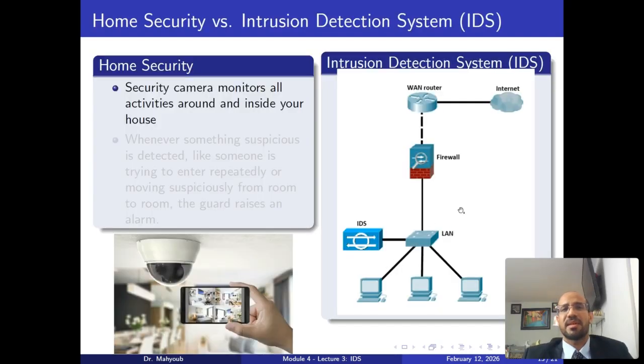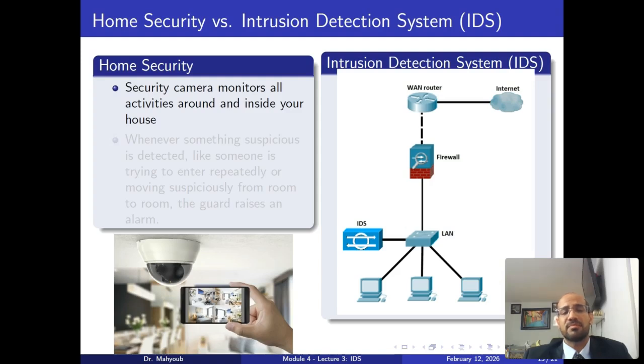Okay, let's have this analogy. On the right side, you have the intrusion detection system, and the analogy would be the home security on the left side. Imagine you have a house with valuable items inside, and to protect it, you install a security system that has cameras and motion detectors.